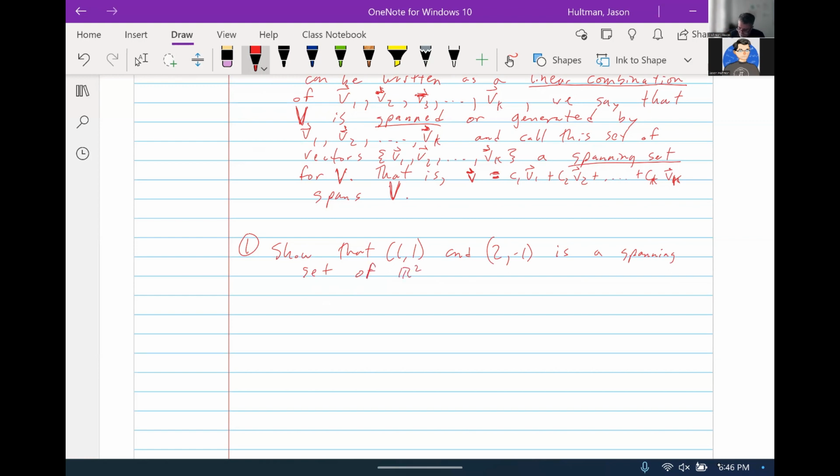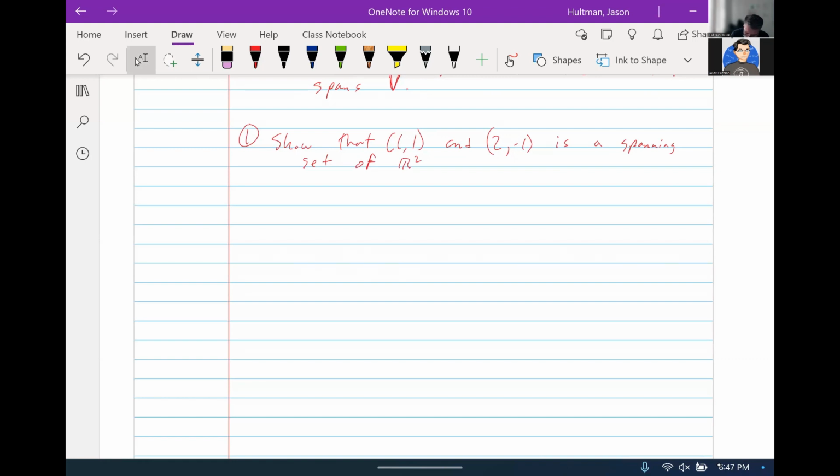Show that these two vectors could span the entire R2. I could use these to generate all 2-dimensional vectors, any xy vectors or x1, x2 vectors. Okay, can I do that? What we're going to find later on is that as long as they're not linearly dependent, then they do span them. We haven't defined that yet.